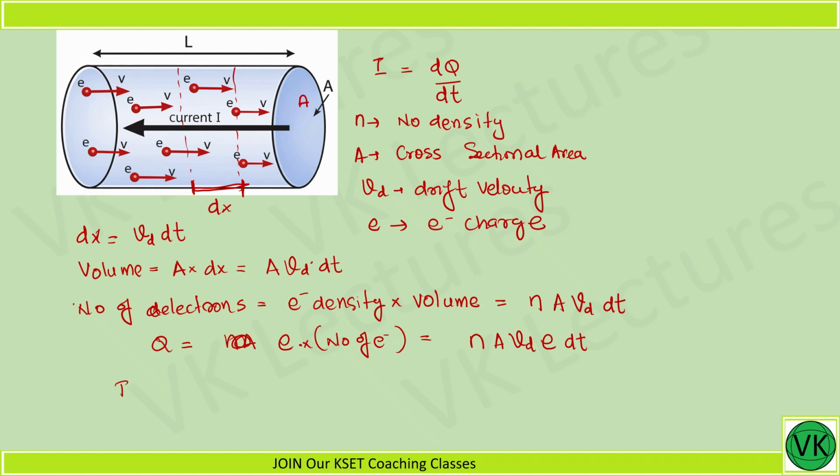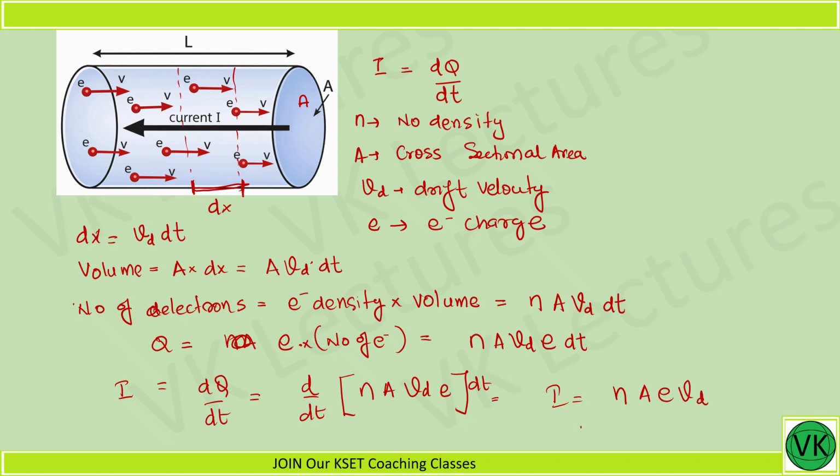Now we need current I, that is equal to dq by dt. So dq by dt, derivative, we get I is equal to n A e vd.